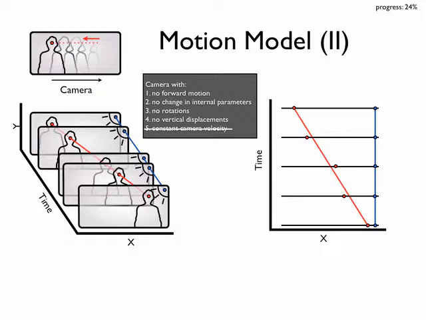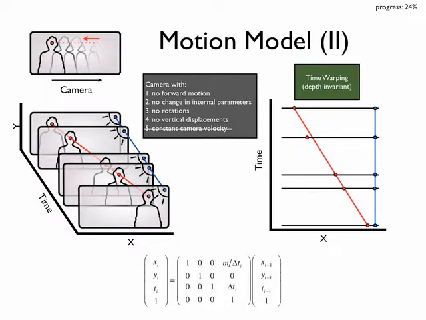So our goal is to make this line straight. If we take the frame and shift it, maybe the red line will become straight, but then the blue line will be distorted. So the only way to do so is to warp the time.